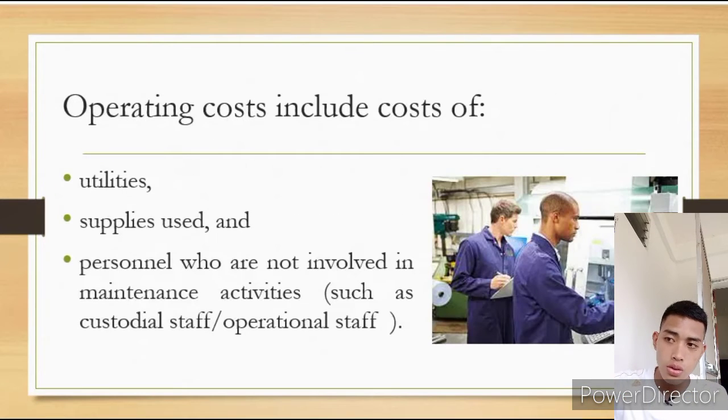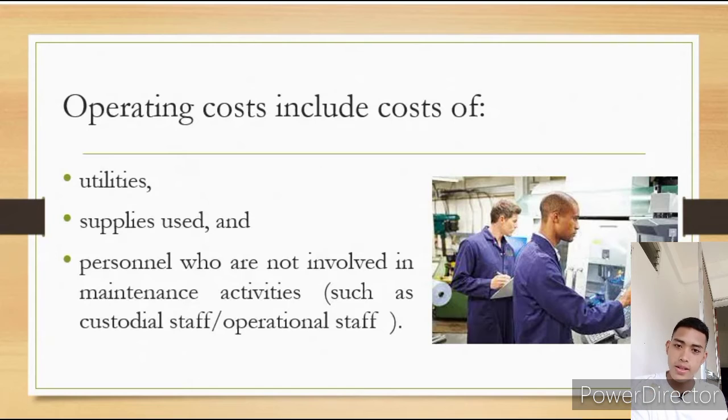Operation costs include utilities, supplies, and the personnel not involved in the maintenance activities. Going back to our example, in the big pump, we invest in trained personnel. Now those trained personnel must have their wages for operating the system.